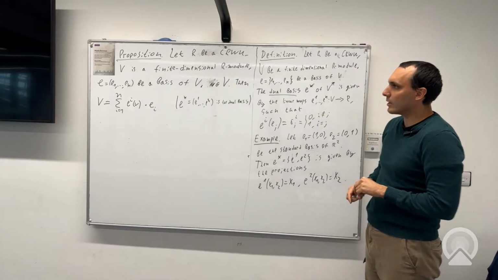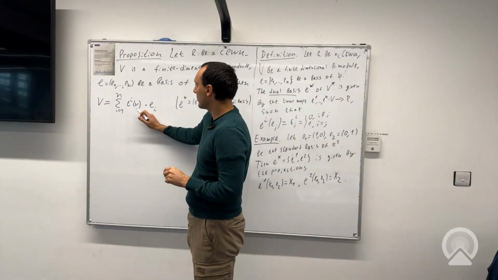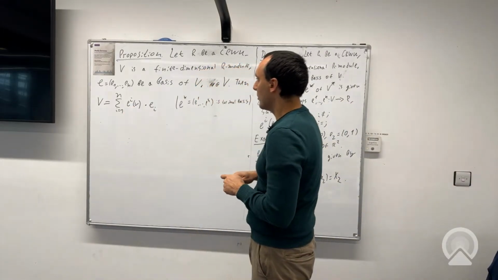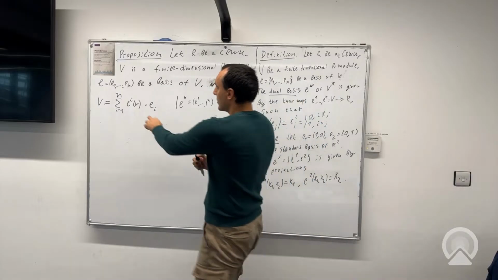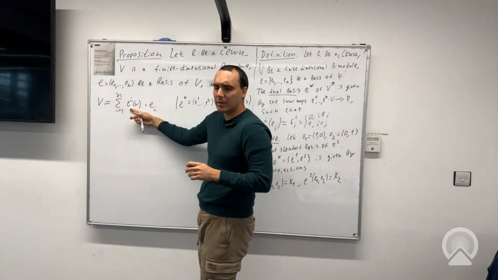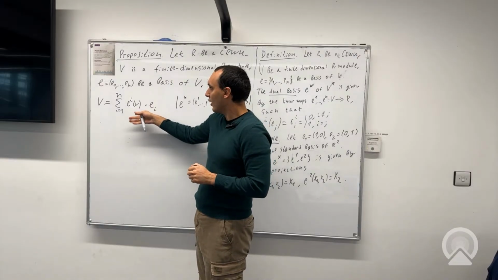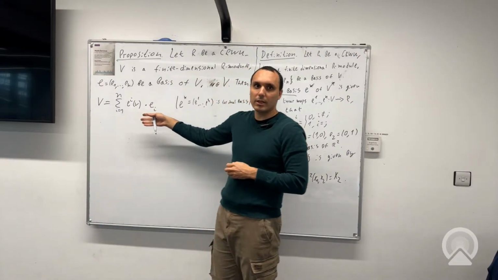So a vector can be determined by this formula. This gives the components, and for this reason, in finite element literature, the dual basis elements are called degrees of freedom.